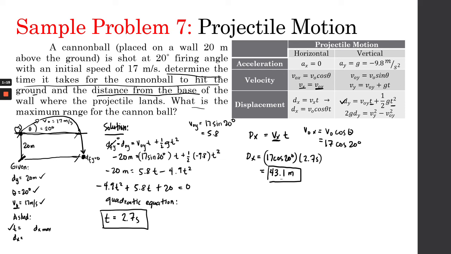So we have time, we have distance. Now we are looking for dx max. One thing that you have to understand is that to find the farthest distance along the horizontal na pwedeng makuha ng projectile, yung angle should be equal to 45 degrees for maximum distance.